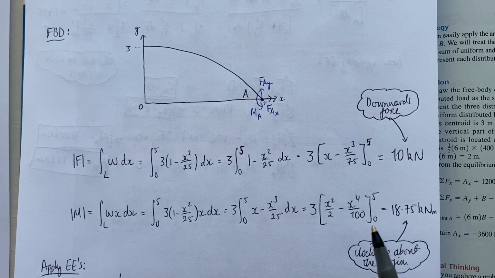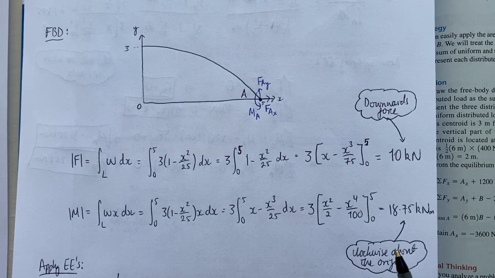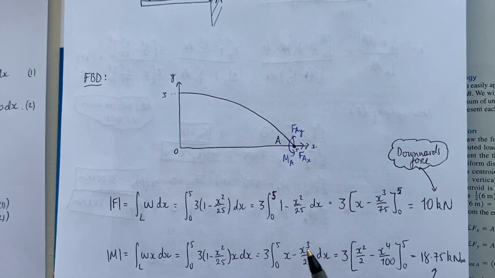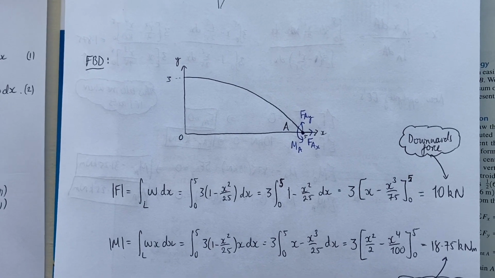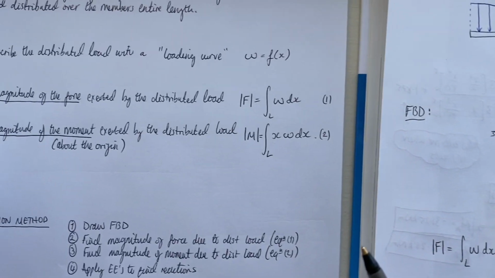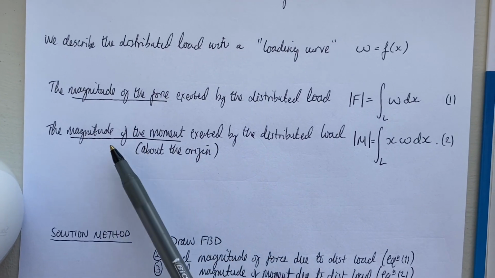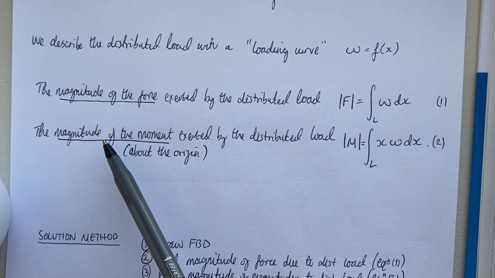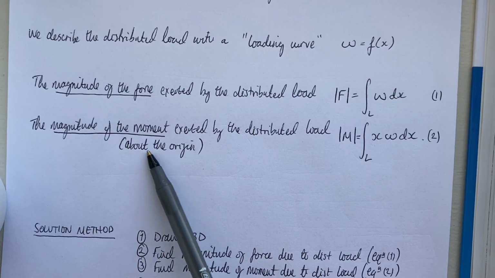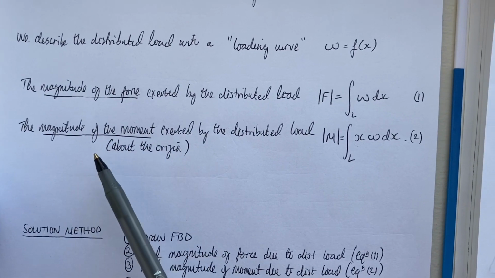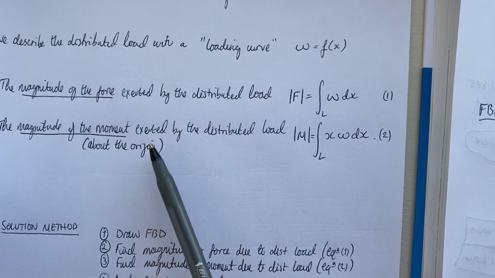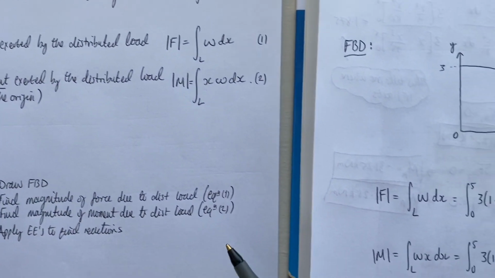Again, we need to remember the direction of this moment, and that when I initially outlined this definition, we're finding the magnitude of the moment about the origin. That's critical when we think about the direction of the moment.